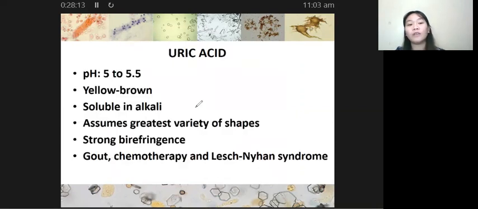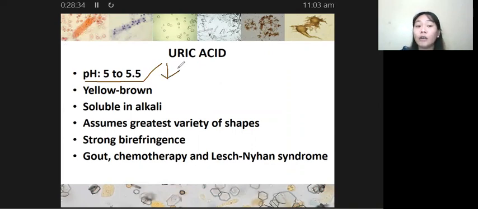Okay? So, next, we have your uric acid. So just like what I have mentioned, your uric acid needs a lower pH. Actually, si Susan Strasinger, nabanggit lang niya na hindi siya nagbigay ng specific na range when it comes to the pH. Nabanggit lang niya na as compared to your amorphous urate, your uric acid needs a lower pH in order for it to crystallize or in order for it to form.